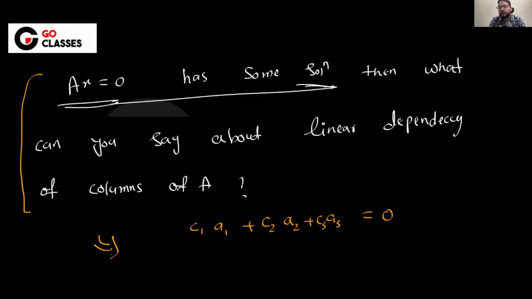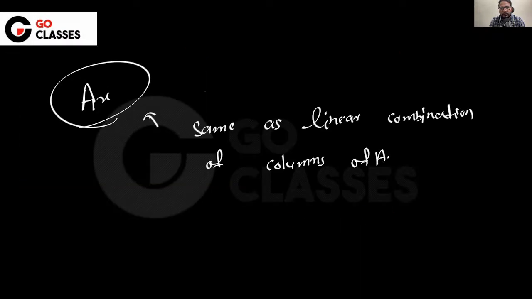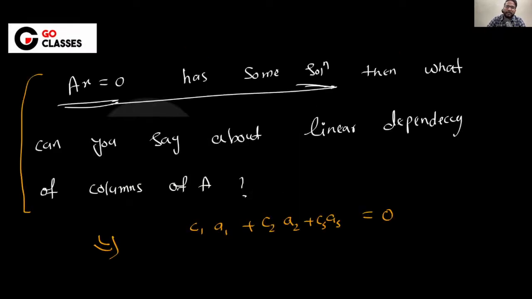Okay, let me ask this question another way. Ax equal to 0 has some non-trivial solution. If they say non-trivial, then this question makes some sense. If they are saying non-trivial, it means the ci are non-zero, which means the columns are linearly dependent. Only if they say non-trivial is that the case. If they are not saying that, then I don't know.